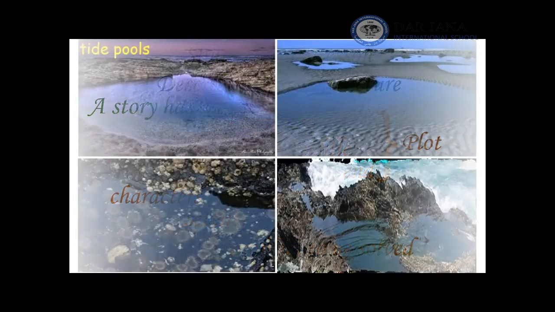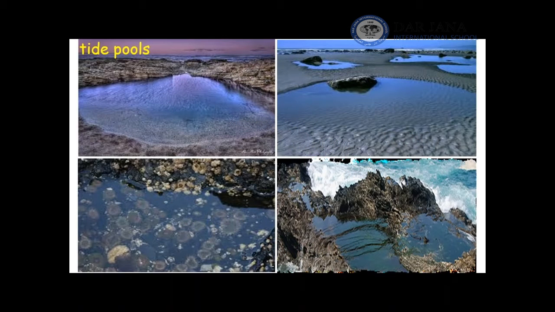We remember that the setting was a special beach where the characters go and discover or explore tide pools. As you see in this picture, a tide pool is a body of water that gets filled only at night. So different creatures, sea animals or marine animals, come and get stuck in these pools.